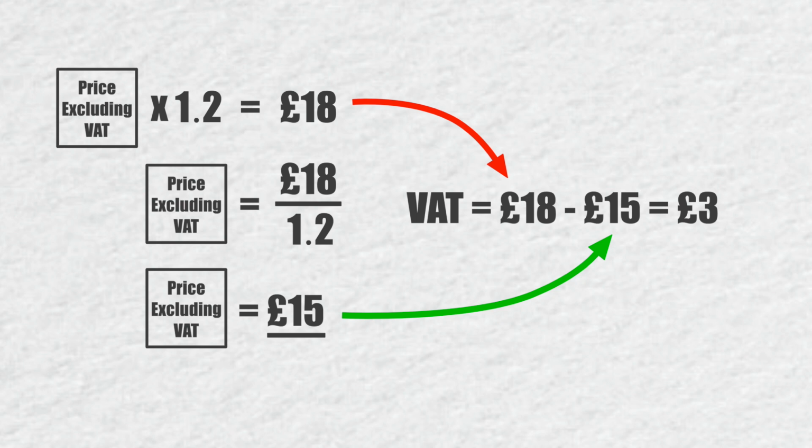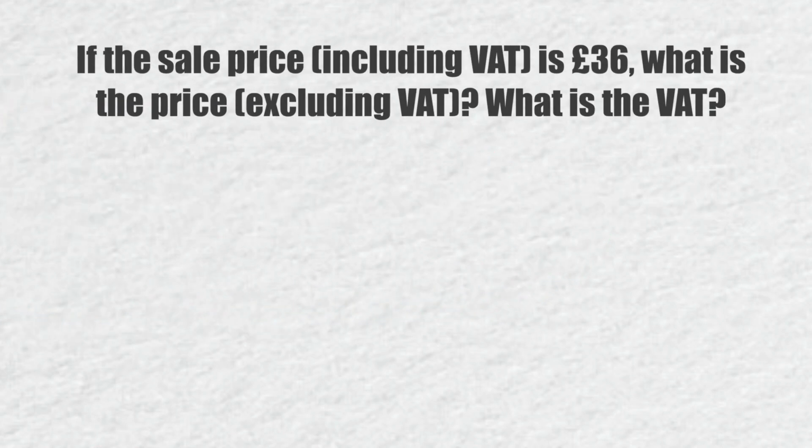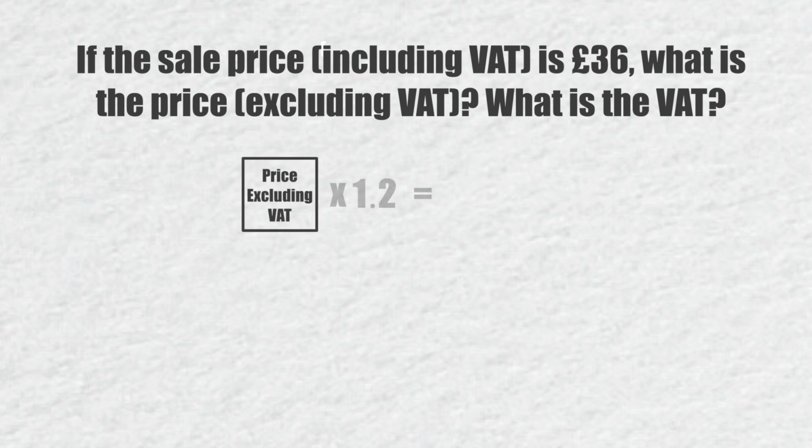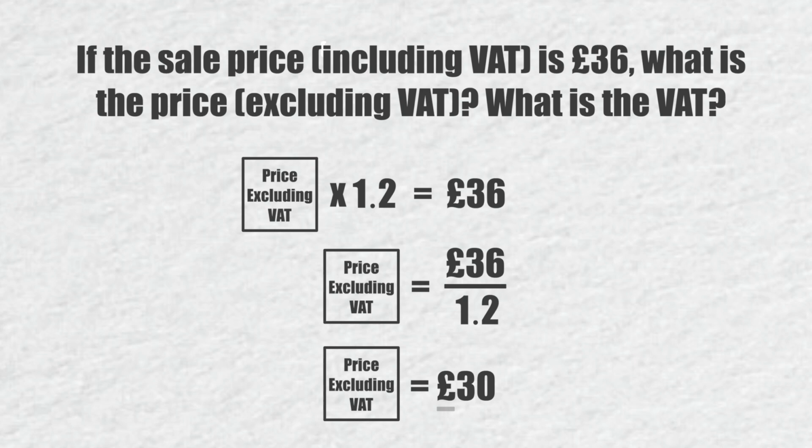Let's do another problem. We'll go back to the problem involving the product which is worth £36 including VAT. What is the price excluding VAT and what is the VAT? So the price excluding VAT multiplied by 1.2 is equal to £36. Therefore, the price excluding VAT must equal £36 divided by 1.2, which is equal to £30.